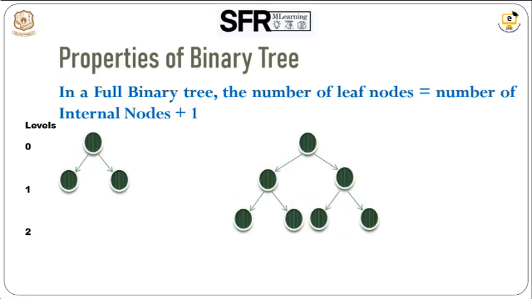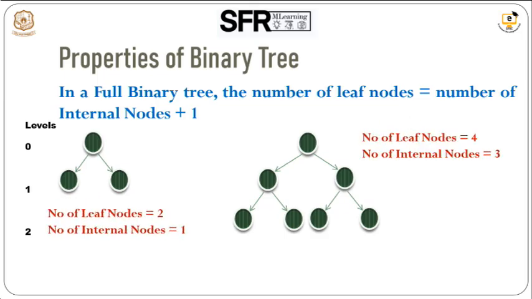So, see the diagram: in the first binary tree there are 2 leaf nodes and only one internal node, meaning the nodes other than the leaf nodes, right. In the second diagram we have the number of leaf nodes as 4. So, the internal nodes should be that minus 1, that is 3. You can calculate either from internal to leaf or from leaf to internal: the number of internal nodes plus 1 gives the leaf nodes, or the number of leaf nodes minus 1 gives the internal nodes.